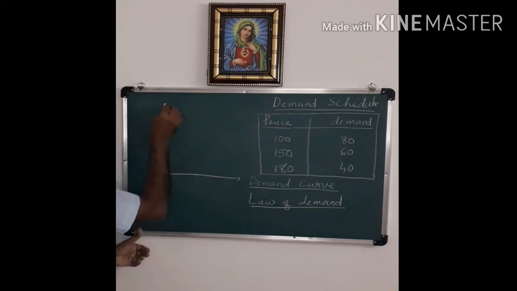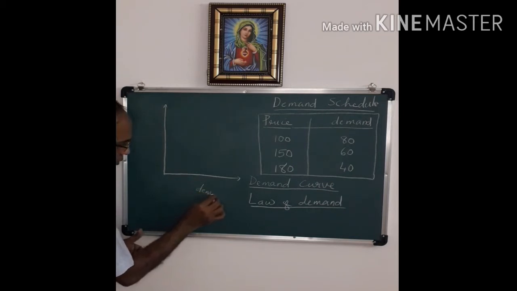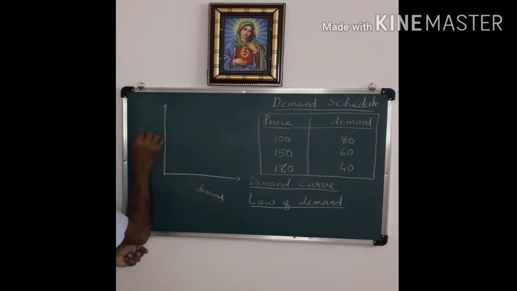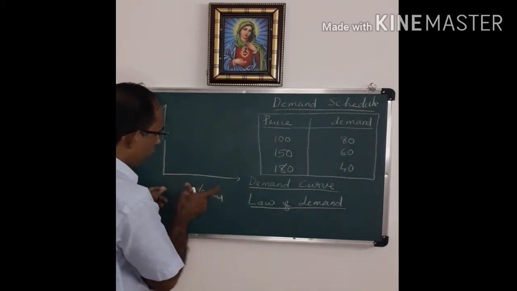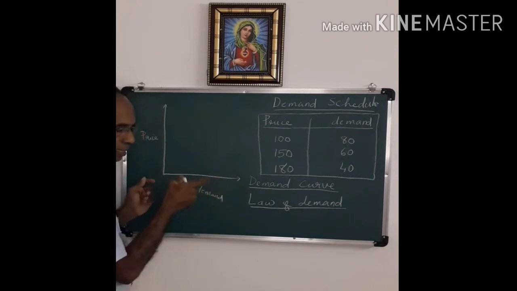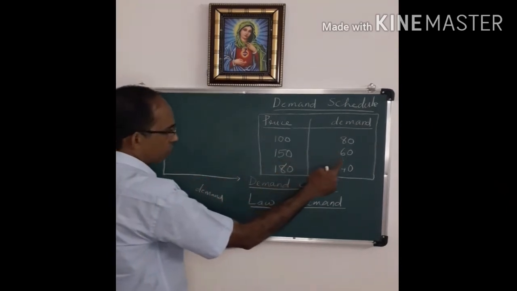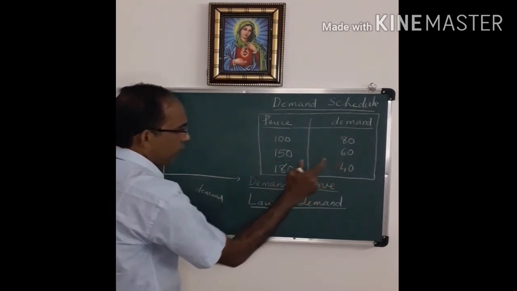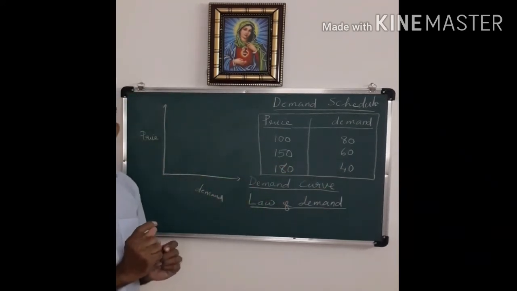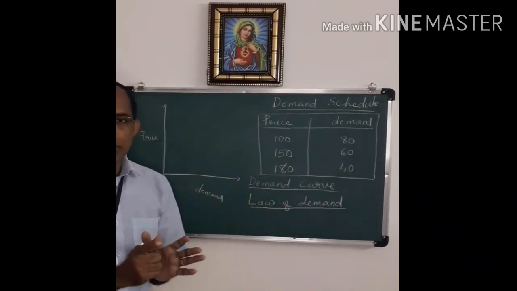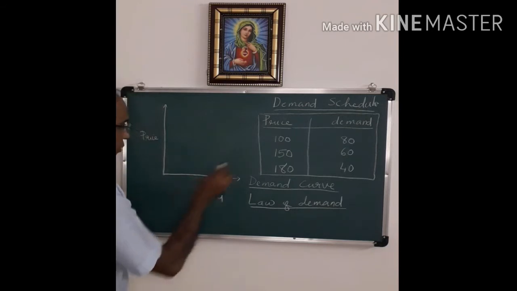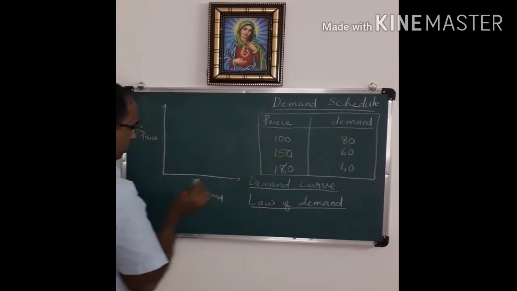Clear? And take demand on the x-axis and price on the y-axis. Then for the unit of measurement on the x-axis, we can take 1 centimeter equals 20 kilograms, because the maximum value is 80.